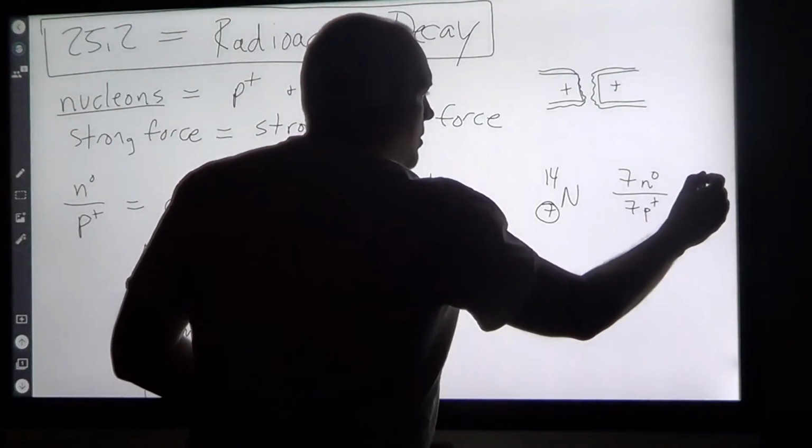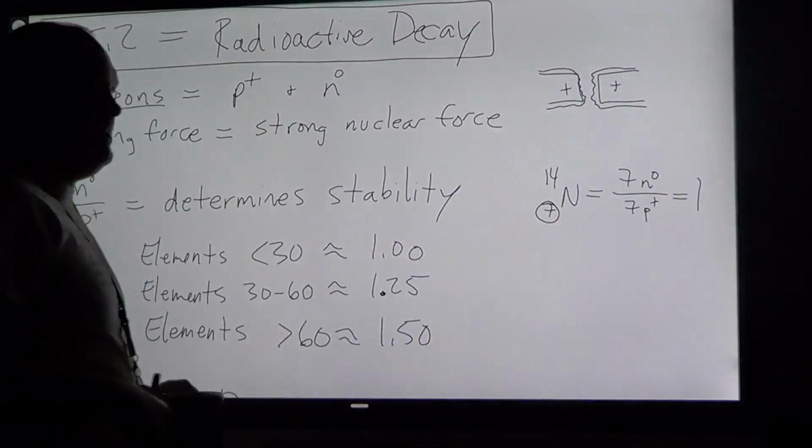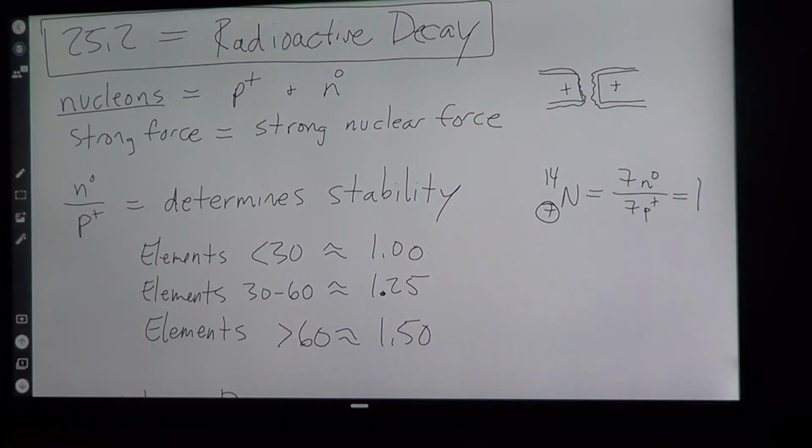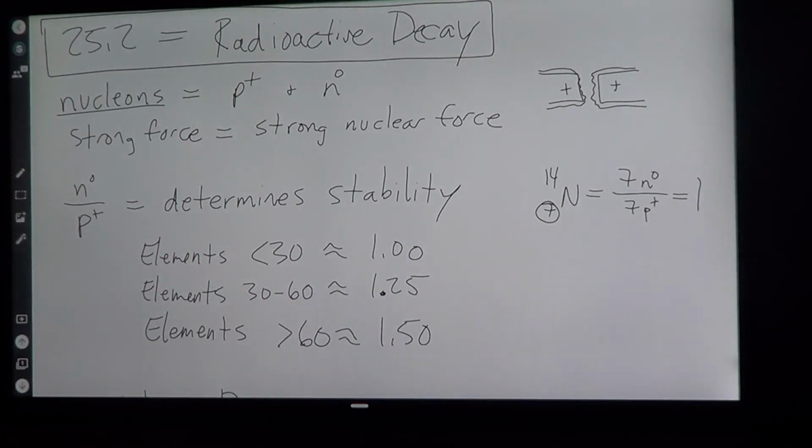This is a 1.00 ratio. Generally speaking, elements below number 30 have to be very, very close to that 1.0 or they will not be stable.